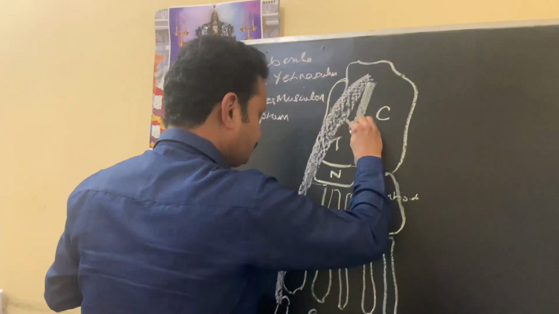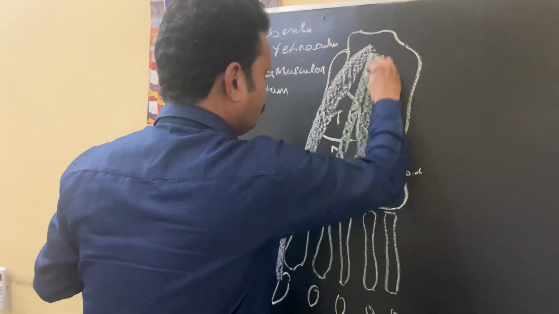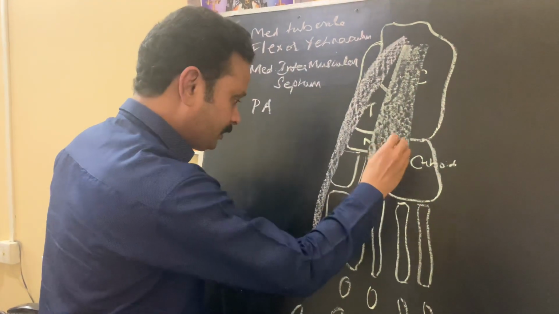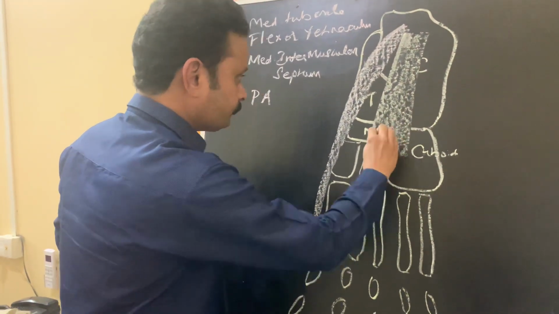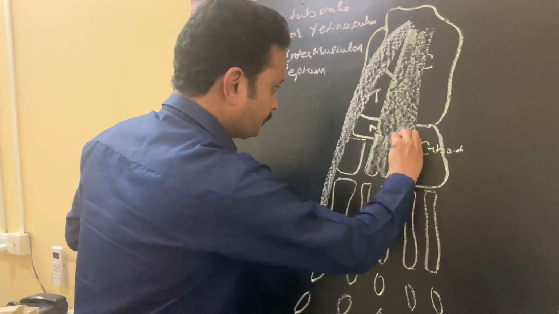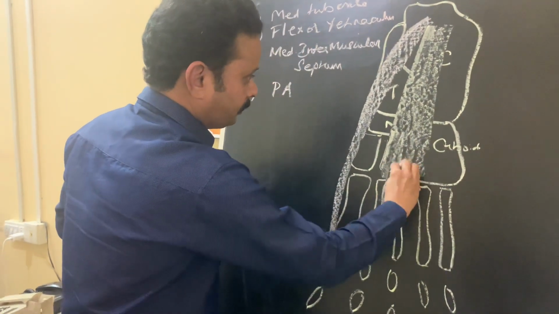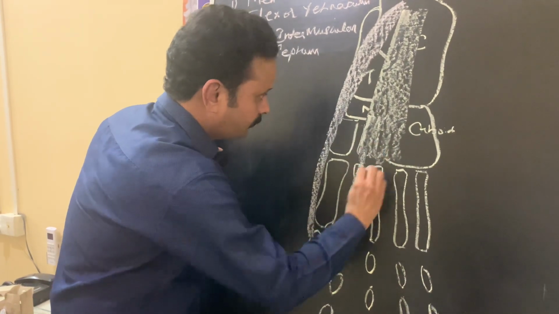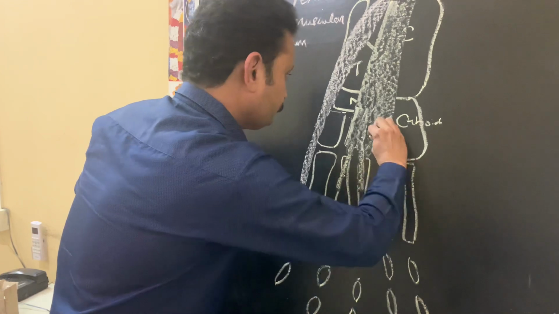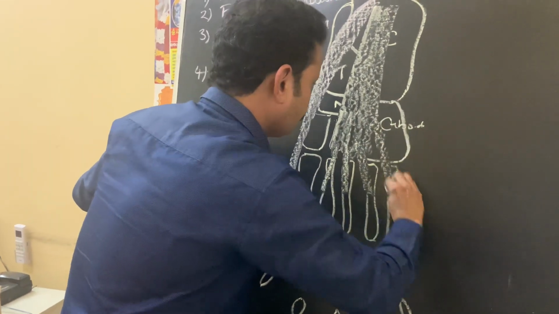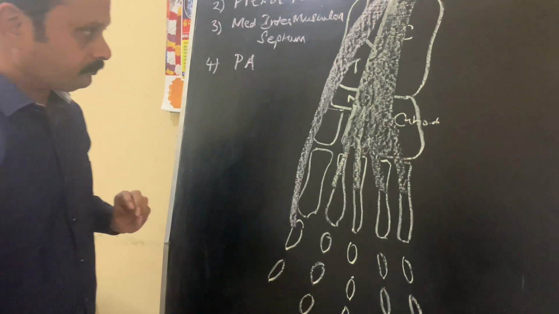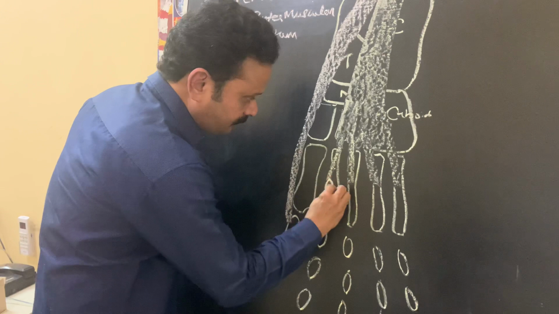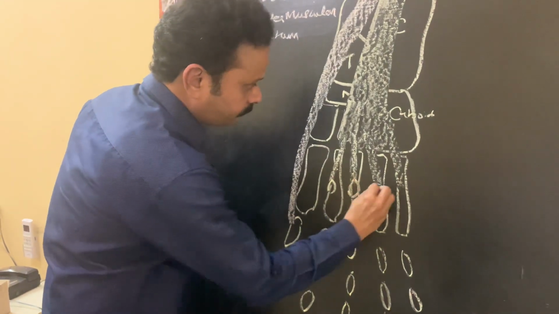So this muscle descends downwards, splits into 4 tendons, descends downwards at the metatarsal heads. This is number 1, number 2, number 3 and number 4. It splits and forms a decussation.